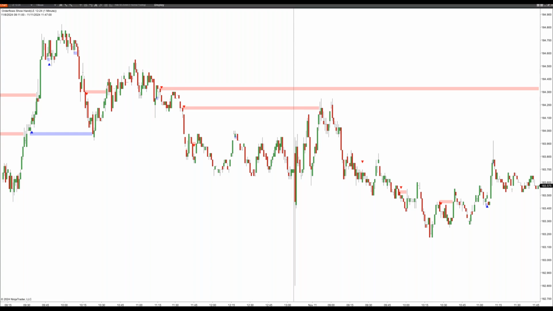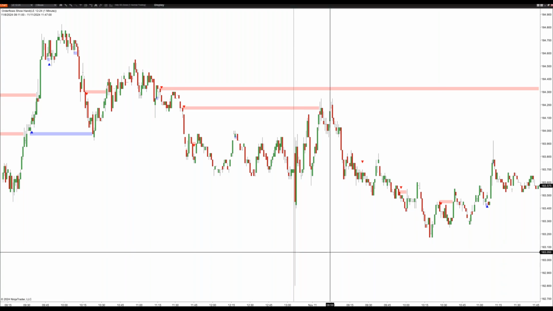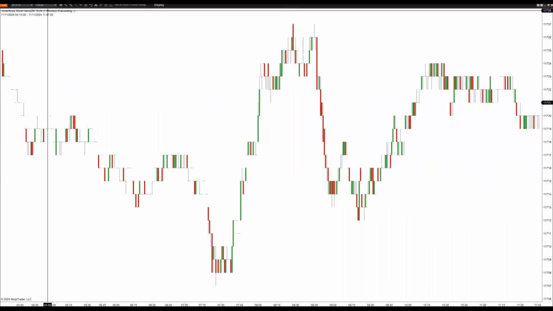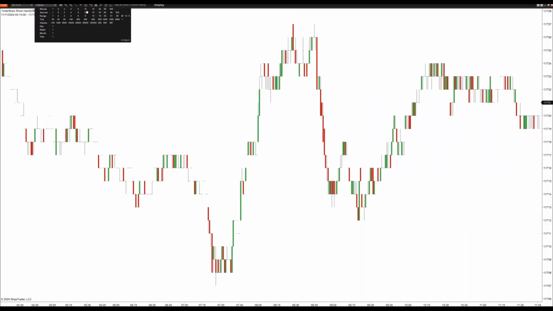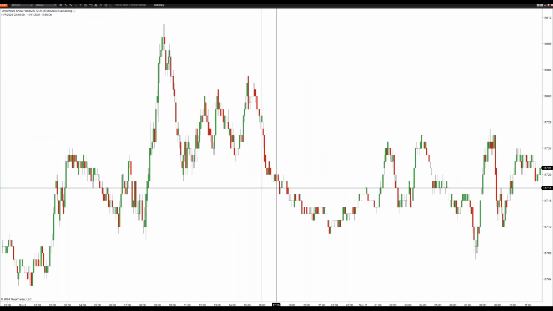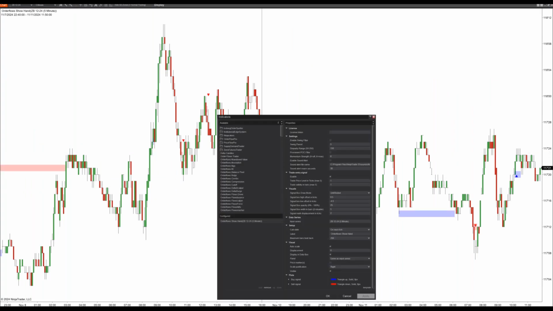Let's see, if I asked how does it work on longer time frames, like bonds? Let's take a look here at bonds, at 5 minutes, 10 minutes. What setting do I have here? 150 and 6.